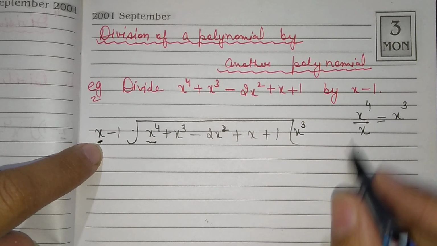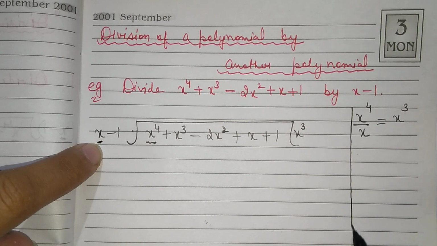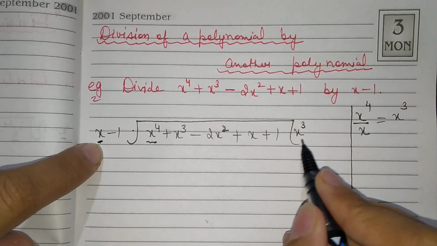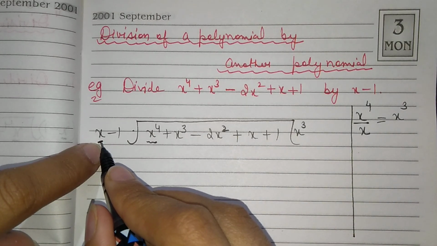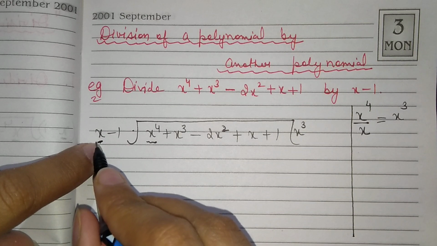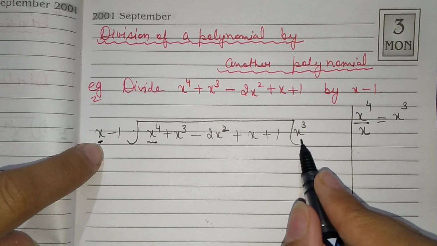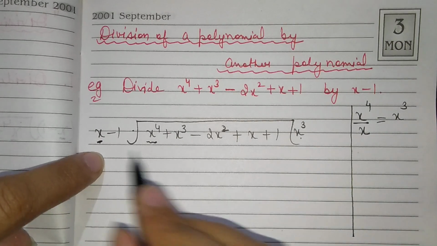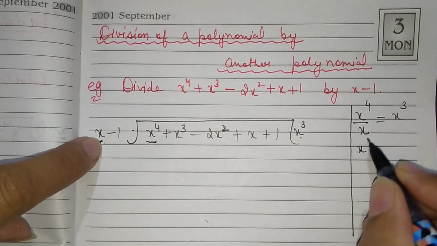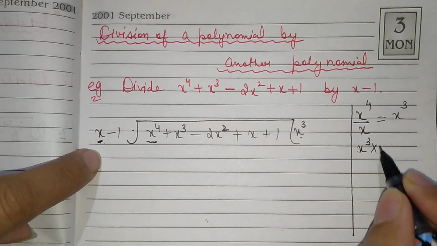Now next step, this was our first step. Now the term which we have got here will be multiplied by the first term and then it will be multiplied by the second term. Now x cube multiplied by the first term, that is x.